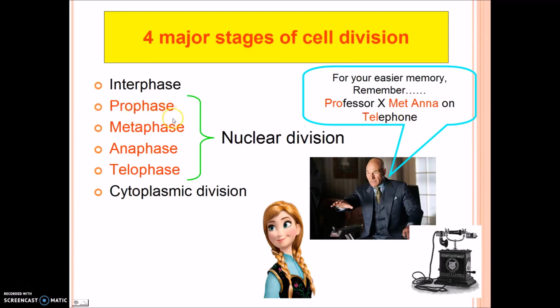What is happening in these 4 stages of the nuclear division, and then after that, the cytoplasmic division will happen to separate the cytoplasm and the cell membrane, to make the cell separated, maybe 1 to 2 and then 2 to 4. So try to memorize prophase, metaphase, anaphase, telophase in the correct order.